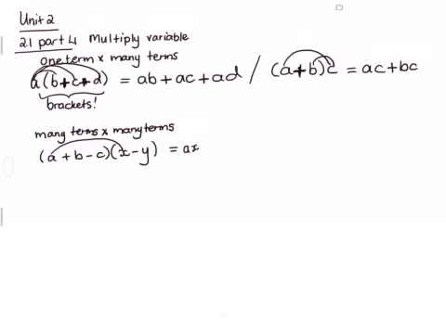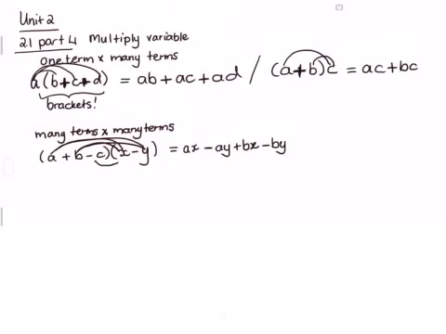Then I'm going to do A times negative Y, so my sign is going to be negative AY. Then go back, positive B times positive X is plus BX. Go back to the B, B times negative Y is minus BY.